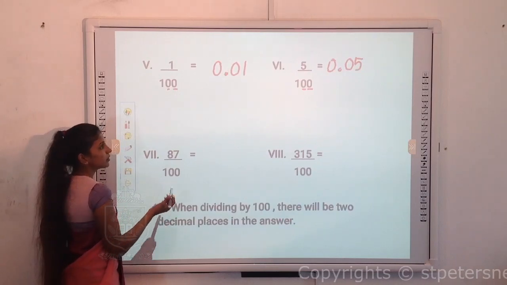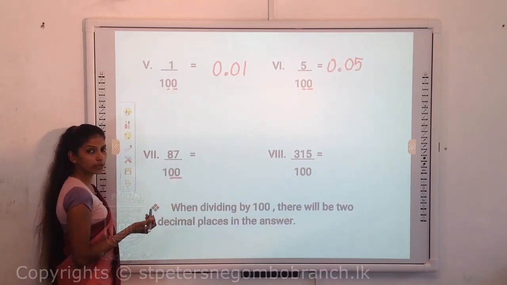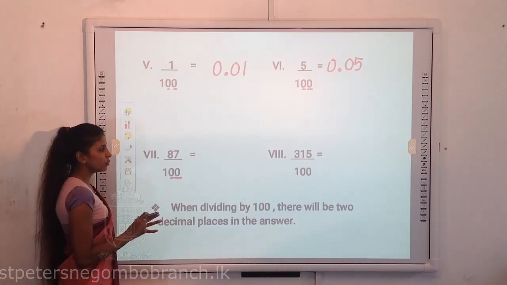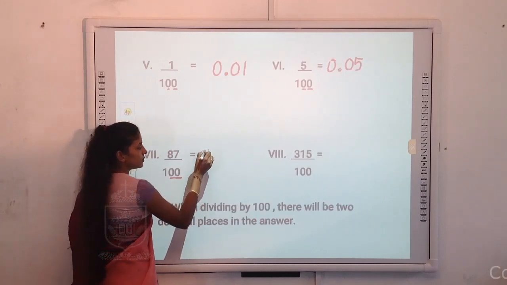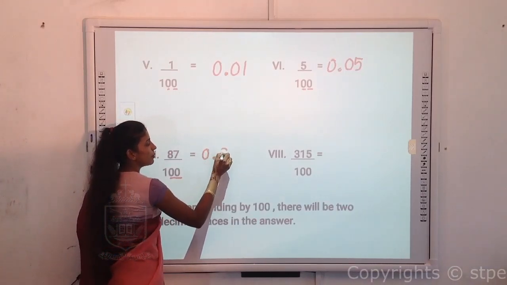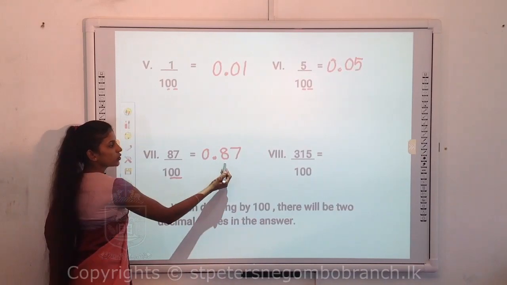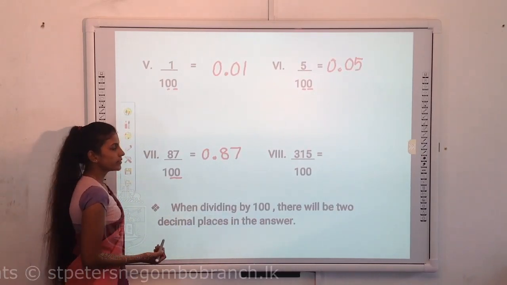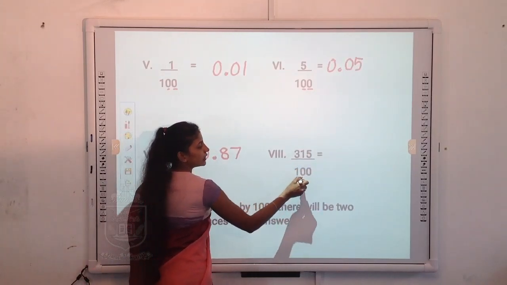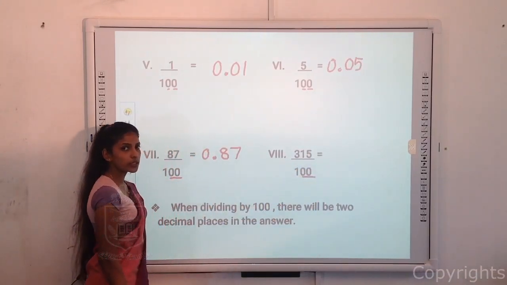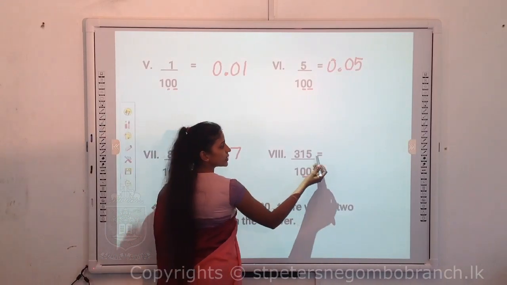Next example, 87 divided by 100. Again, two zeros, and there should be two decimal places. That means you can express this number as 0.87. Two places. Next example, here you can see three numbers are there, but in the denominator you have only two zeros, which means you have to express it with only two decimal places.